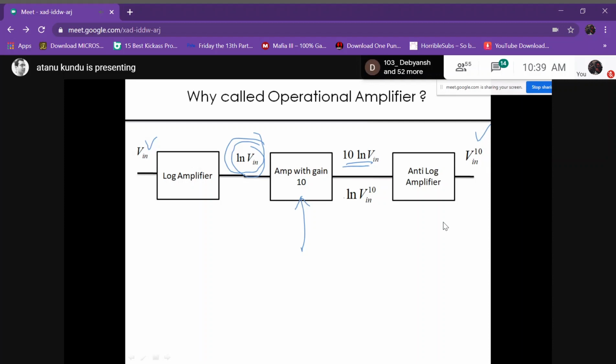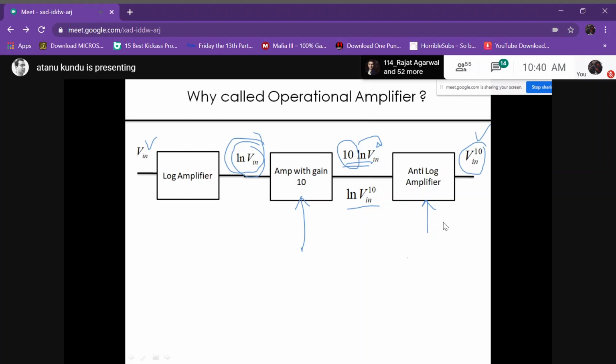And in the log, you know that this factor will come into the power. So this will be ln V to the power 10. Clear? And then we'll perform the anti-log operation, so you will get V to the power 10. Clear?